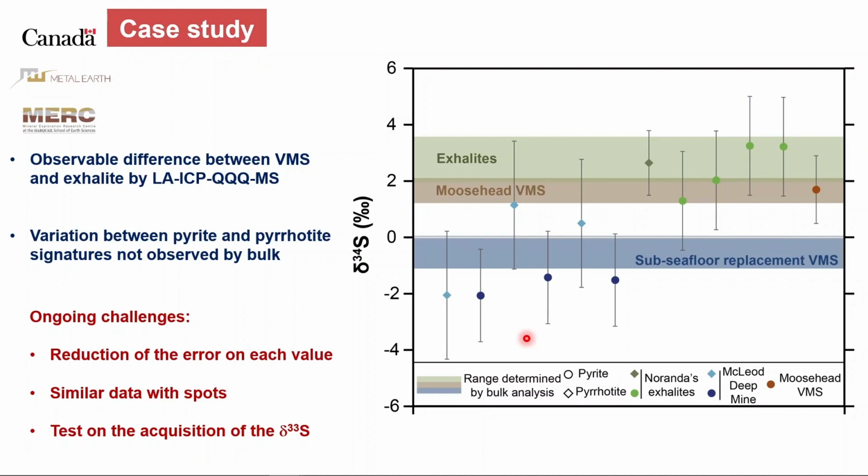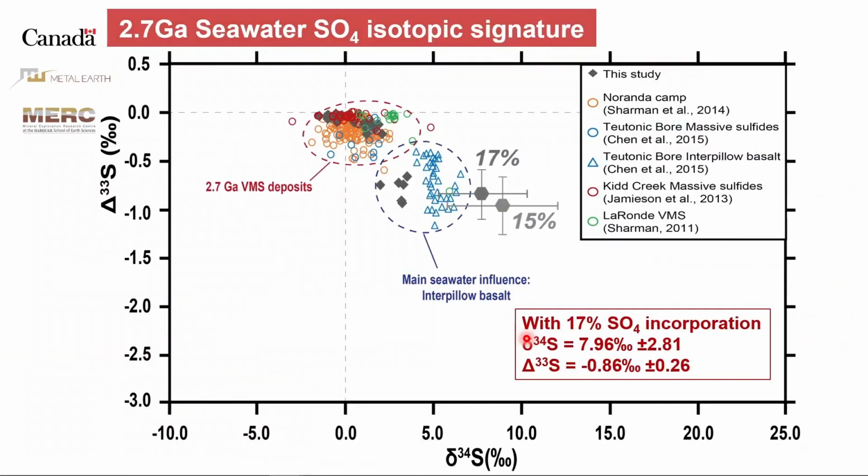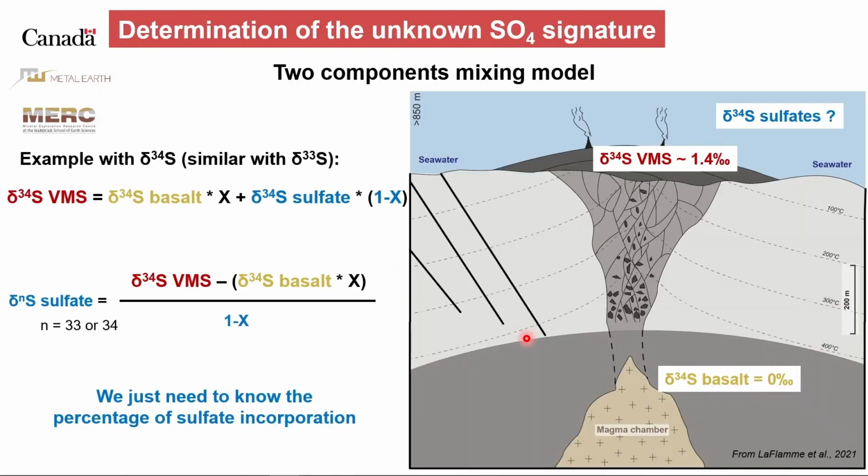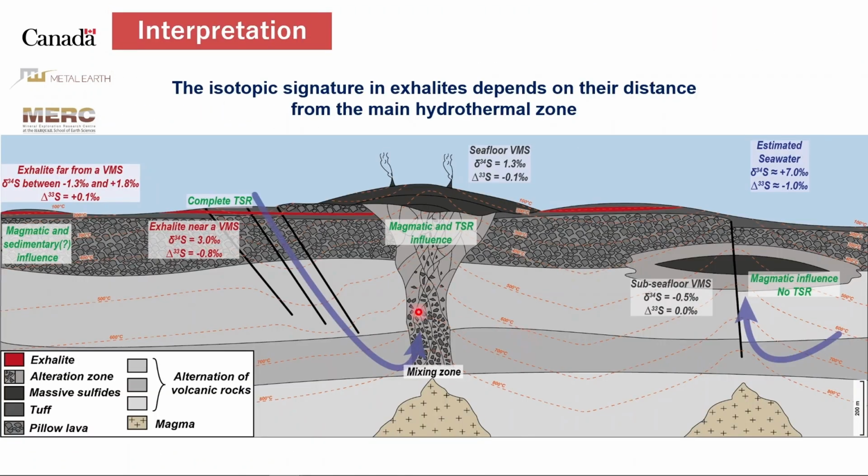I didn't quite understand why the exhalites near the VMS deposits would show more of the seawater signature than the deposits themselves, because the fluids are all coming out of the same vent. Yeah, I think it's just because near the VMS you have way more influence of the magmatic fluids, whether directly from the magma or just from the leaching of the crust.